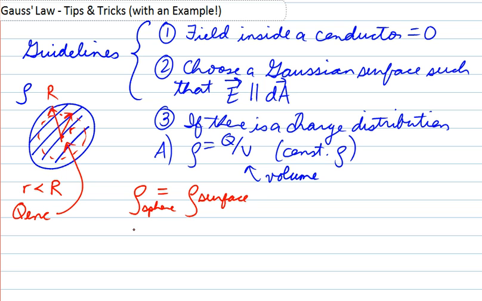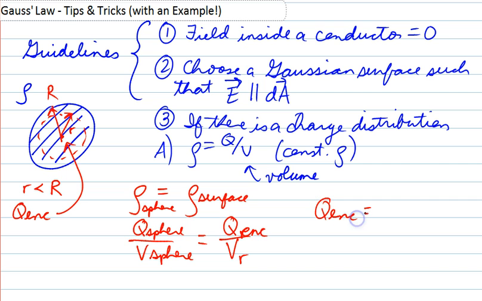So that means that the total charge of the sphere divided by the volume of the sphere is going to be equal to the total charge at radius little r divided by the volume at little r. And so what this typically ends up looking like is that Q at little r turns into our Q enclosed, which we're going to use in Gauss's law, and Q enclosed is basically a fraction of the total.